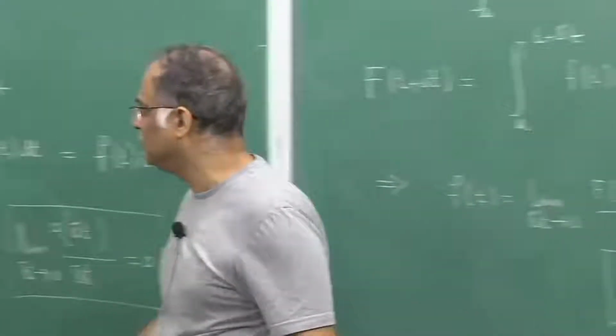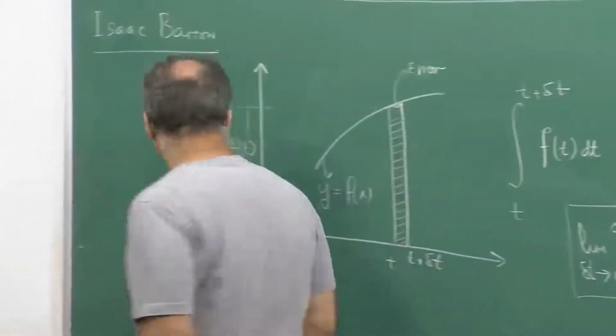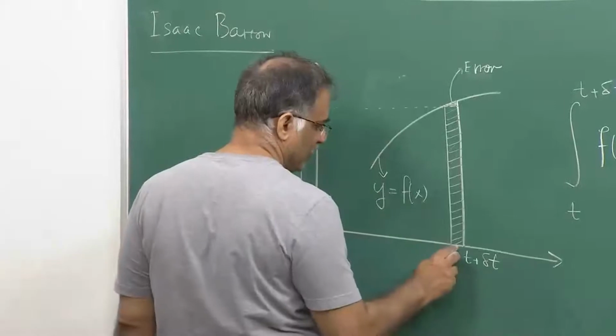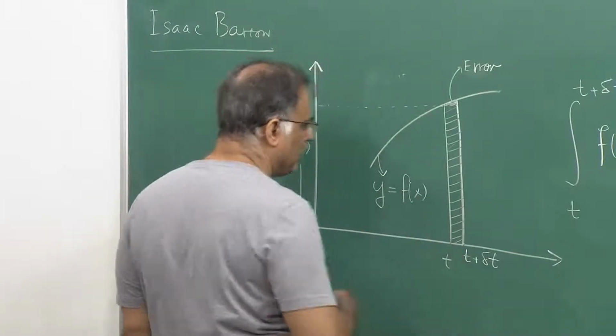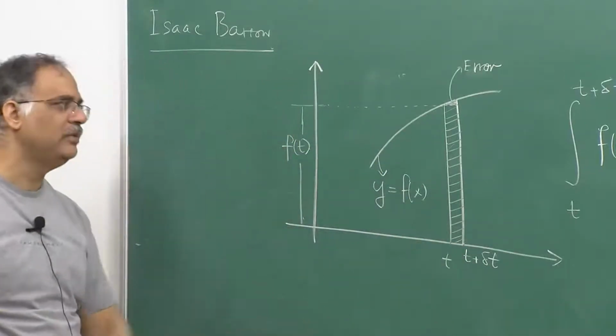So, if you have a curve y equal to f(x) which is continuous, and then if you look at t, if I move a little bit delta t, here I have drawn delta t positive, you could take it negative also.